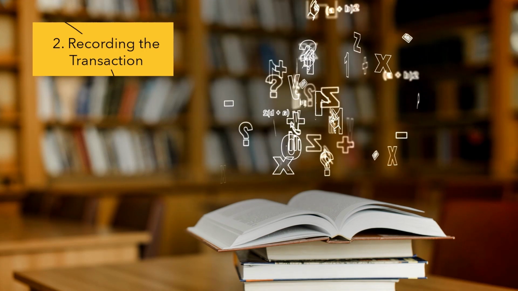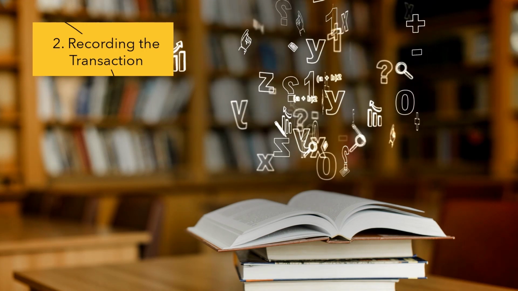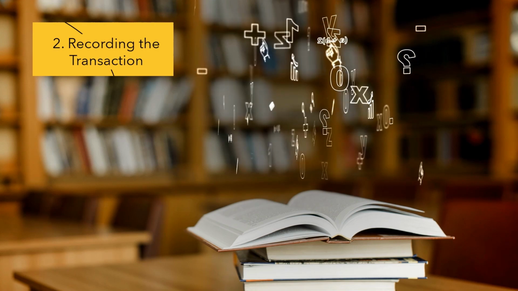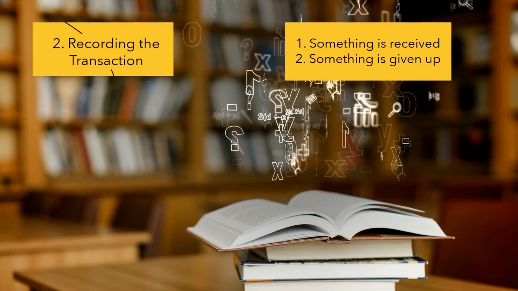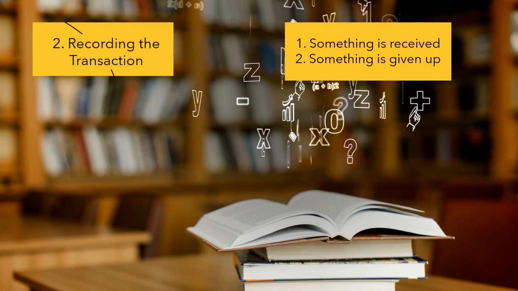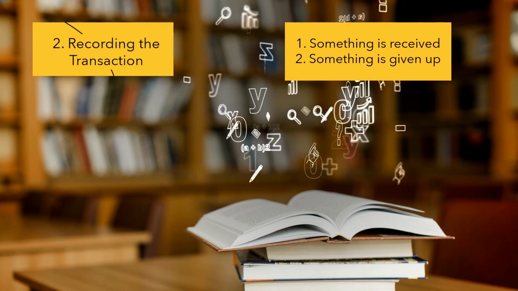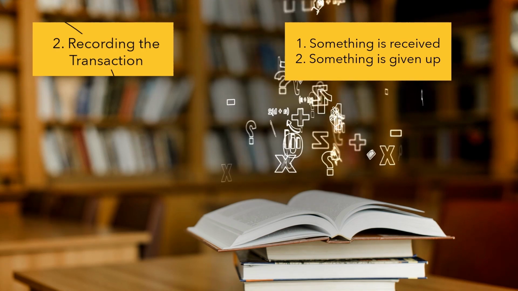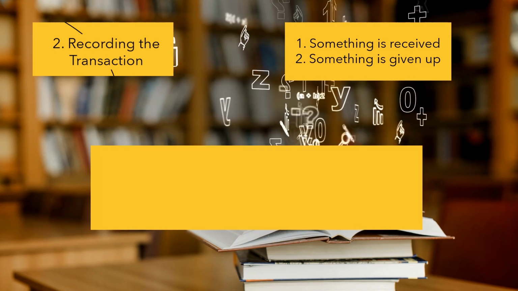Journal entries work on a double entry system, where two things need to take place. Something is received and something is given up. In this case, you receive 200 shirts and you give up 20,000 Rand.